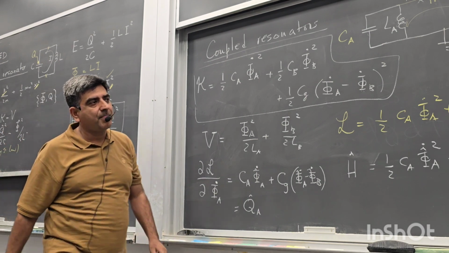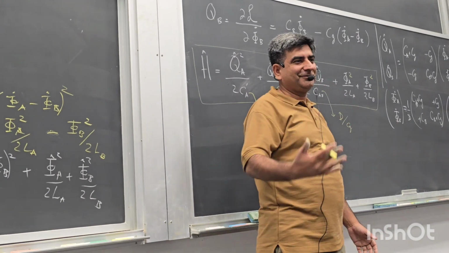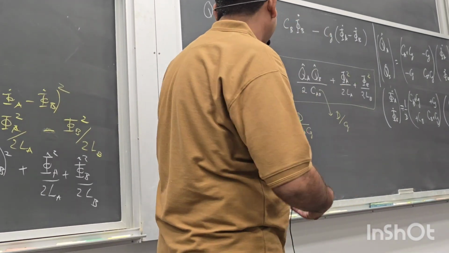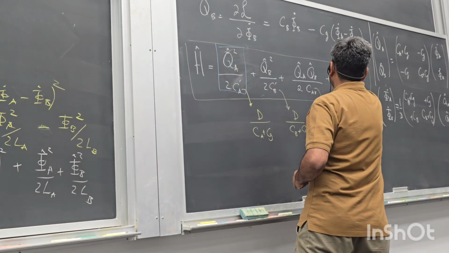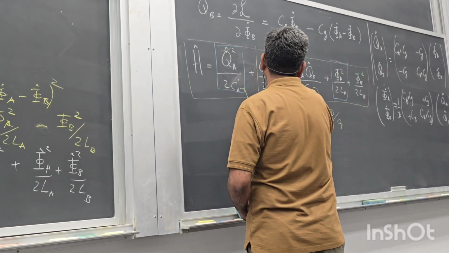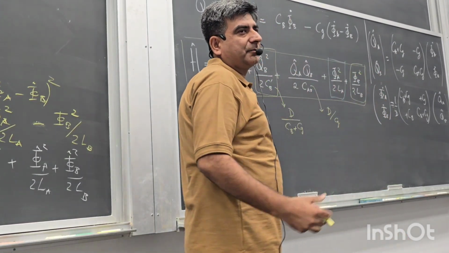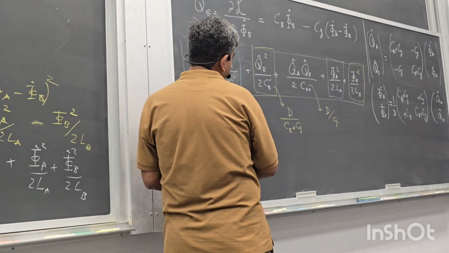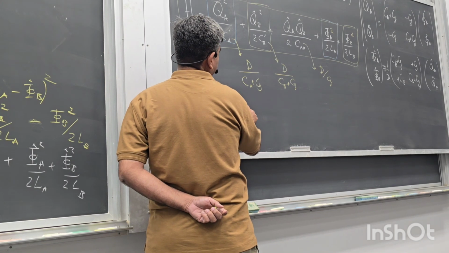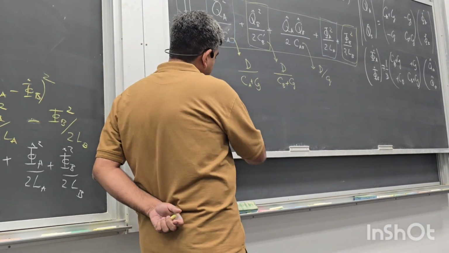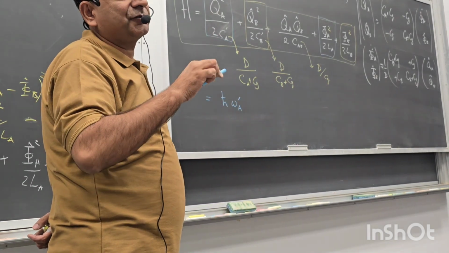Likewise, the second and the third term also look like a harmonic oscillator. So if I were to lump the first and the fourth term and the second and the third term individually, I'll get two harmonic oscillators. The first and the fourth term would give me h bar omega A prime, because omega A prime is not equal to 1 over square root LACA.